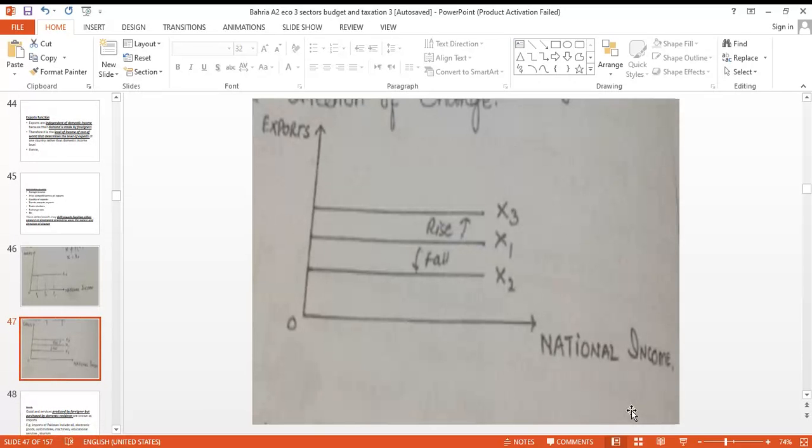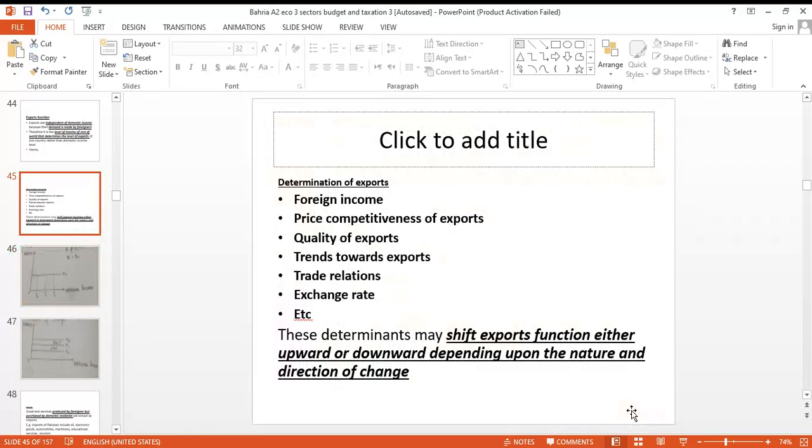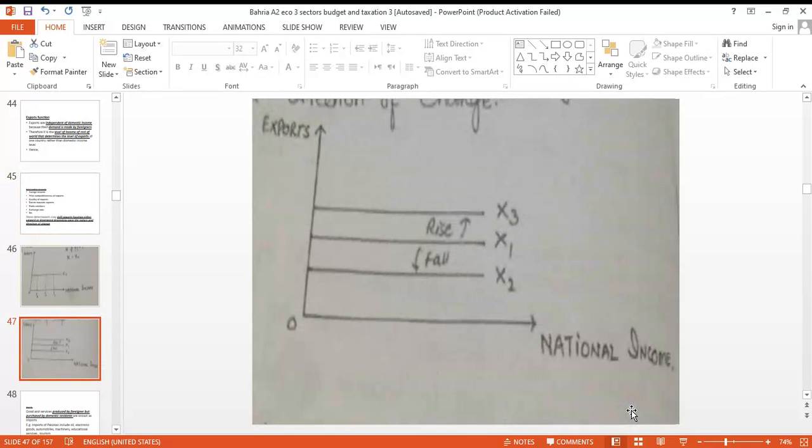All right. Yes, if one of the factors that we mentioned above, foreign income, price competitiveness, export qualities, changes, then the entire line is going to shift. The entire export function is going to experience a parallel shift, either upward or downward.